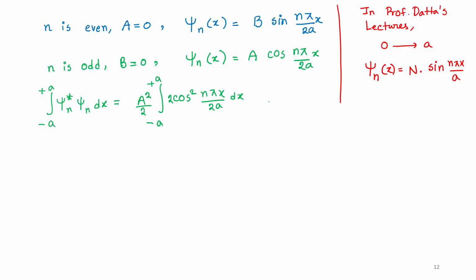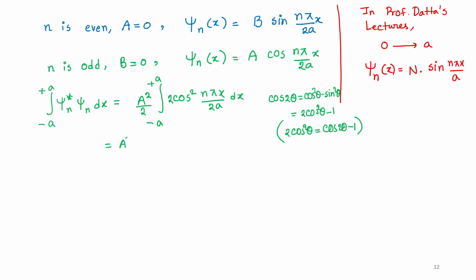Because I know the expression that cos 2 theta is cos square theta minus sin square theta. I always forget this, so I remember at least this. This is how I remember that 2 cos square theta could be cos 2 theta plus 1. I try to remember from scratch that cos 2 theta is cos square theta minus sin square theta.